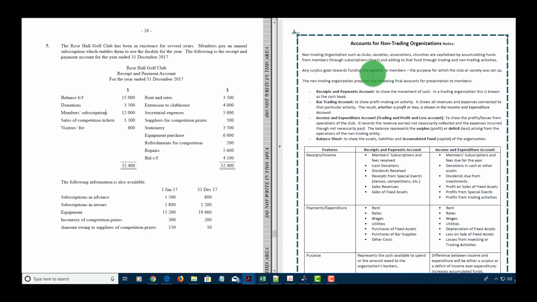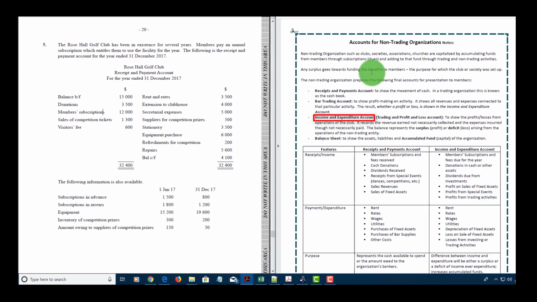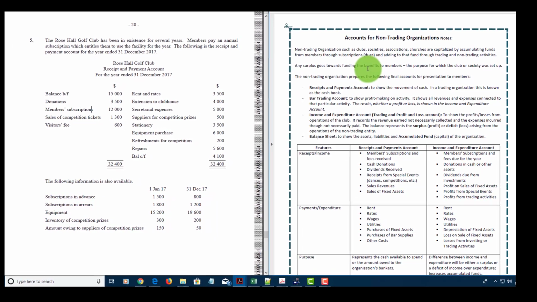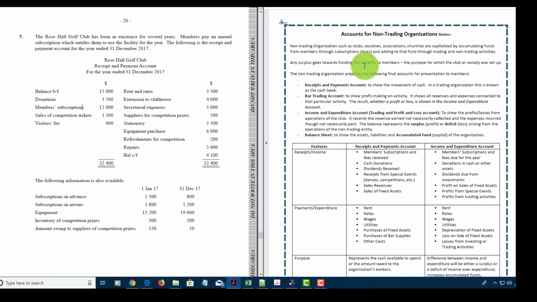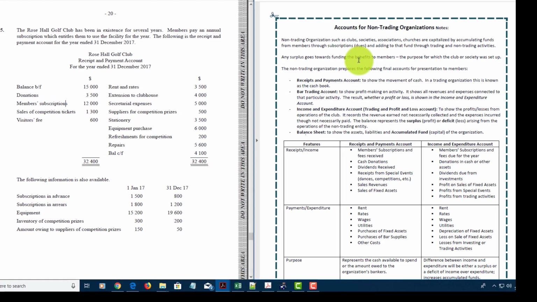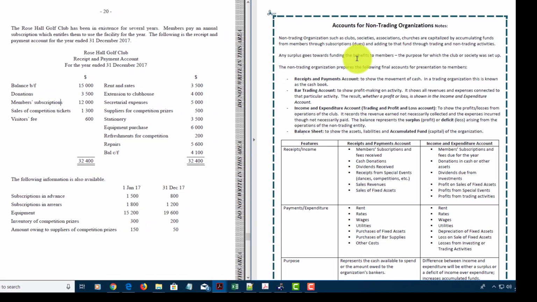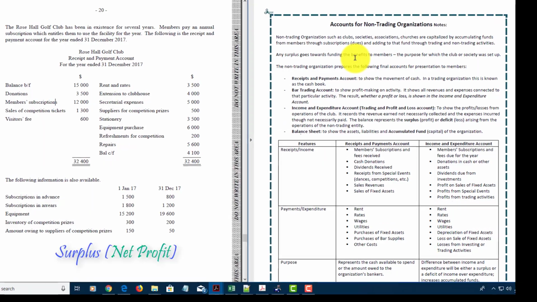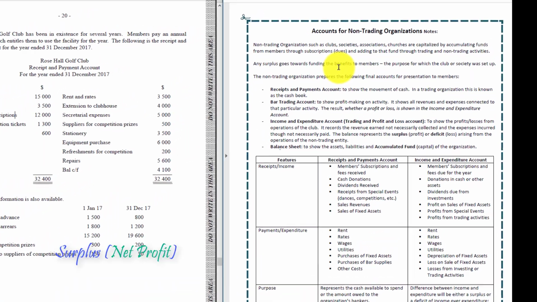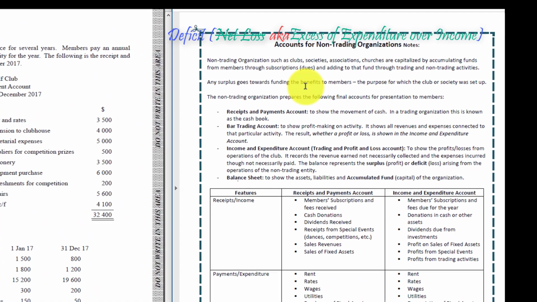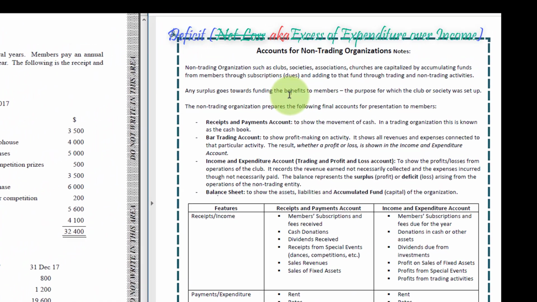Instead, they have an income and expenditure account under which income would be grouped and expenditure or expenses would be grouped, and you would subtract and not get a profit or a loss, but instead you'd get a surplus of income over expenditure or a deficit, which is also called an excess of expenditure over income.